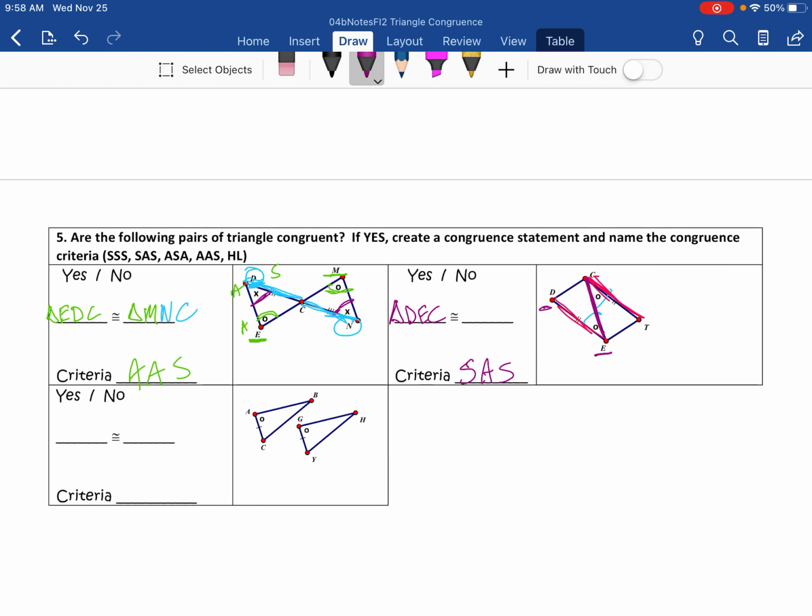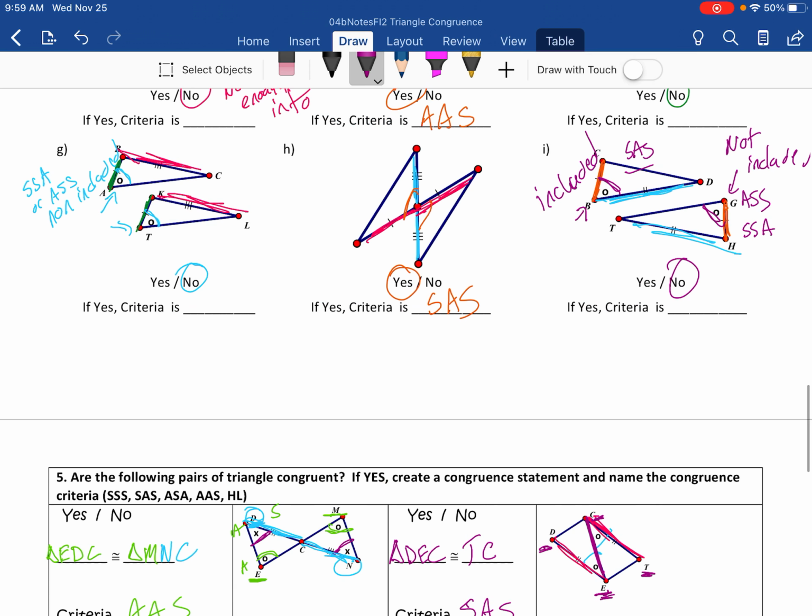Well, if I go from D to E, that's where my little circle is, to C. So I know my little middle letter has to be a C. And then it went from D to E. And so what's congruent, TC is congruent to DE. So it's going to be TCE.